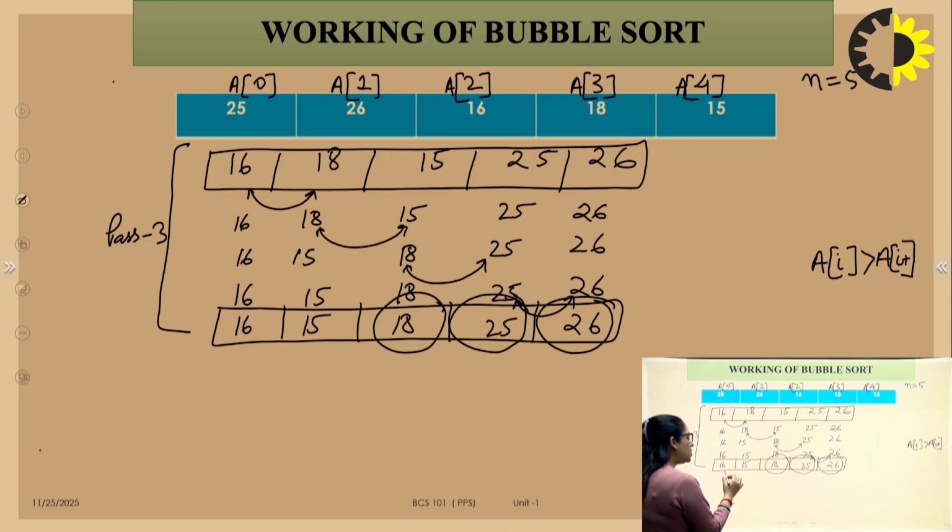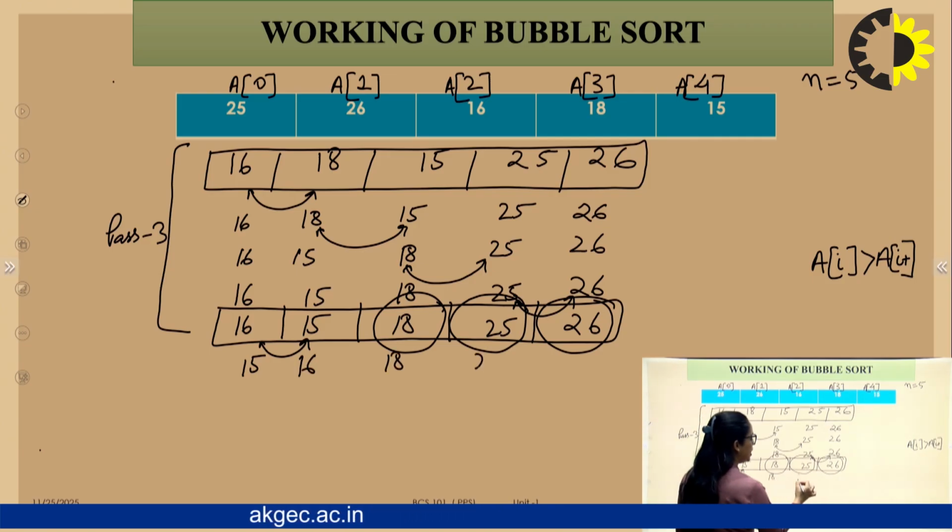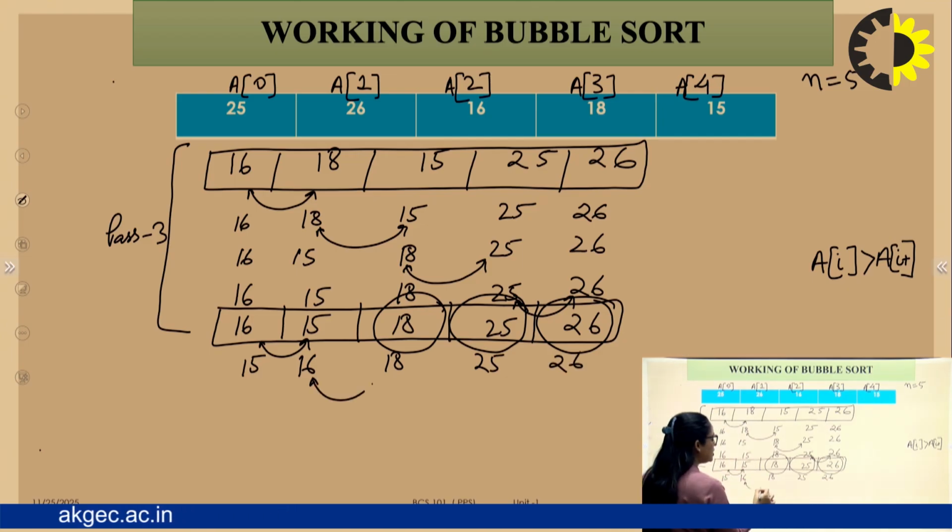Now one more pass is going to begin, because till now our entire array is not sorted. So the first 2 elements will get compared: is A[i] greater than A[i+1]? Yes. If A[i] is greater than A[i+1], then we have to swap. Then 15 and 16 will get interchanged and the remaining array will be as it is. Now the next 2 elements will get compared.